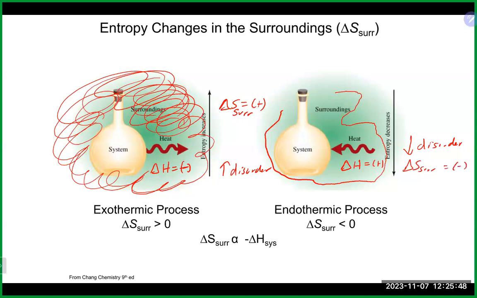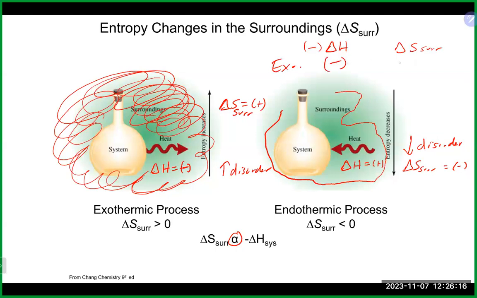So the relationship is that the delta S of the surroundings is proportional, that's what that little symbol means, to minus the delta H of the system. What does that mean? It means the delta S of your surroundings is basically minus the delta H. So if I have an exothermic reaction, my delta H is going to be negative.